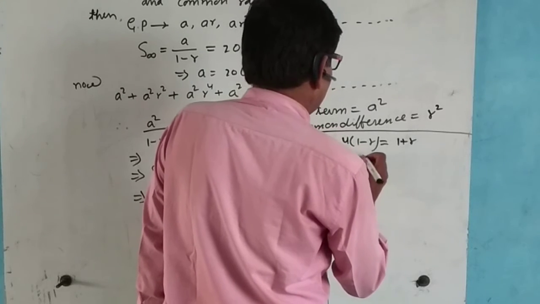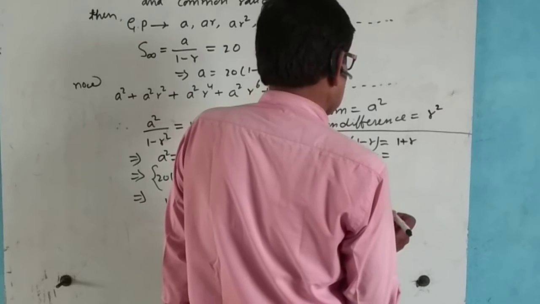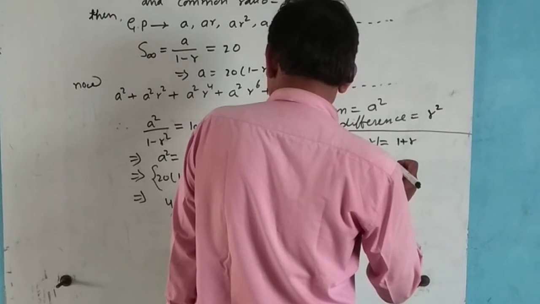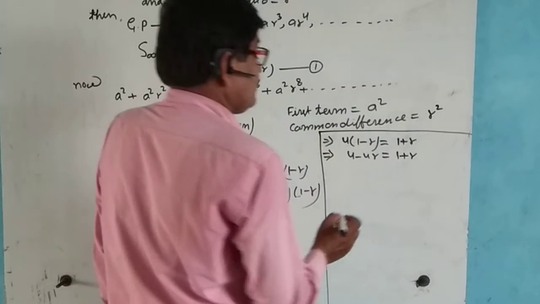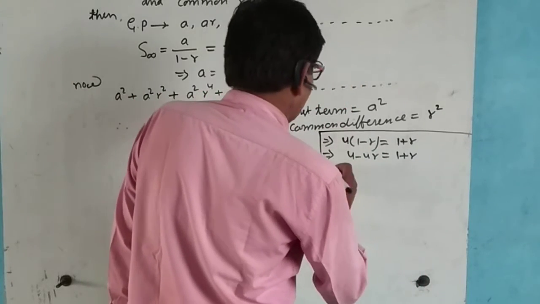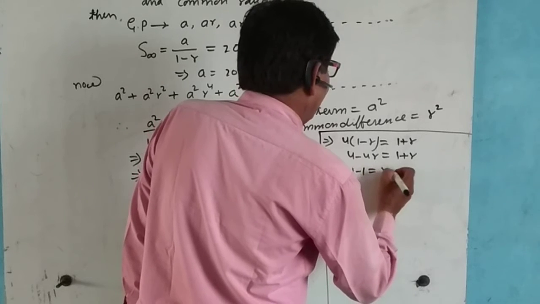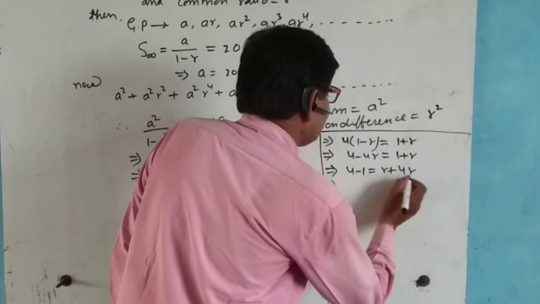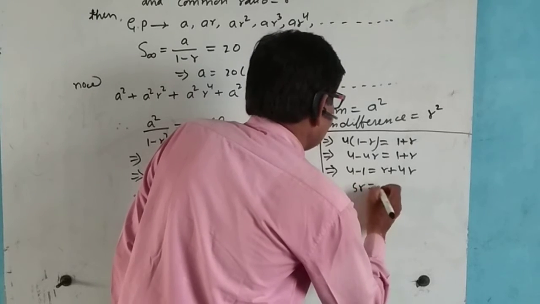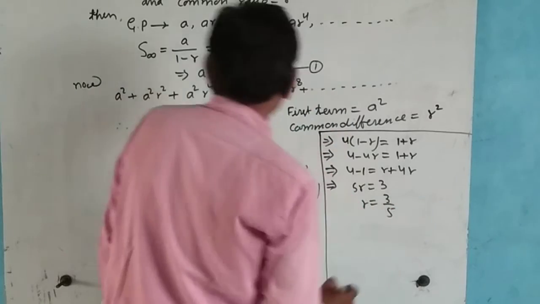This can be 4 minus 4R equals 1 plus R. Now this comes to 4 minus 1 equals R plus 4R, so 5R equals 3, and R equals 3 by 5.